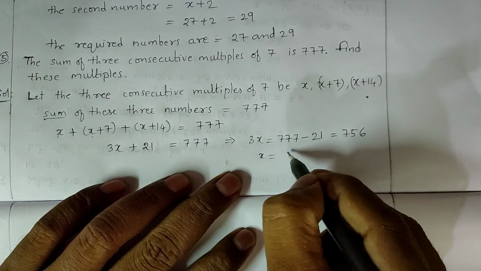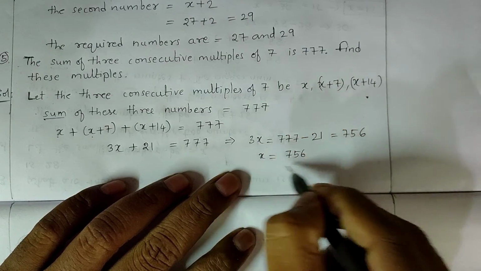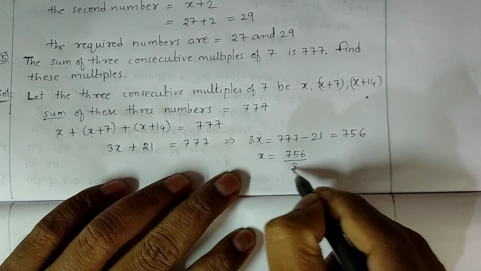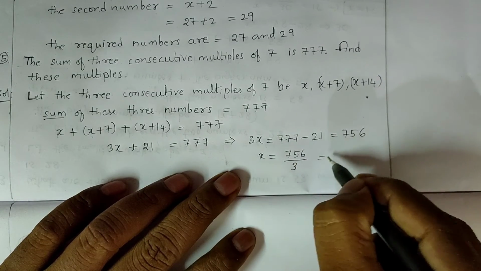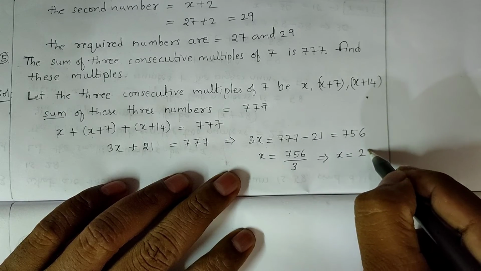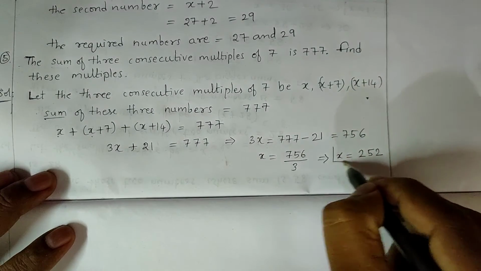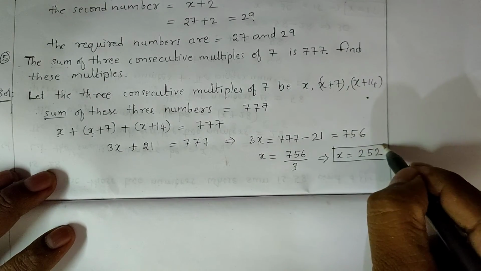Now transpose 3 to the right hand side, it will become x equal to 756 by 3. On cancellation we will get x equal to 252. So the value of x is 252.